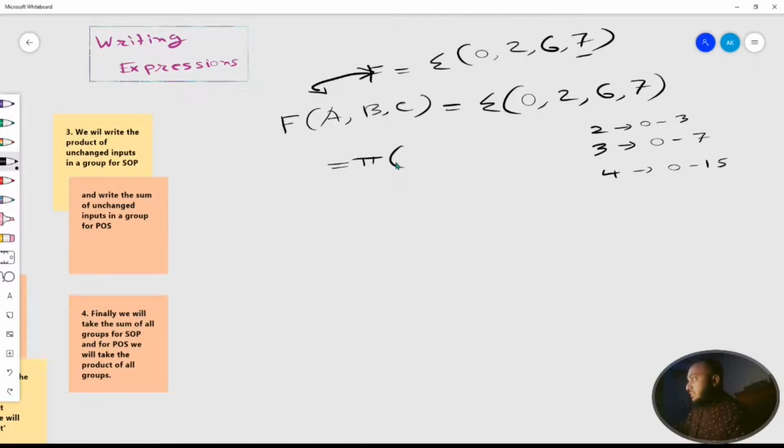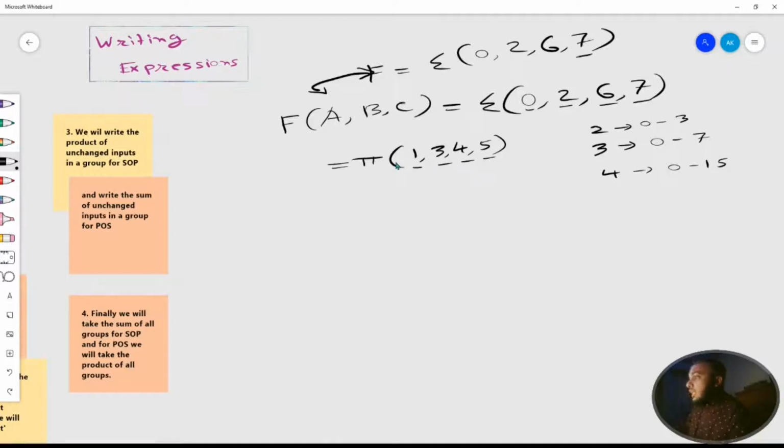This means product, so we can say the same thing like this, because in the SOP form this means that in these positions the outputs are ones, and in the POS form this means that in these positions the outputs are zeros.